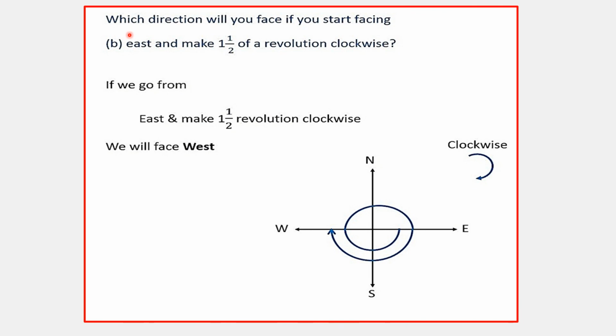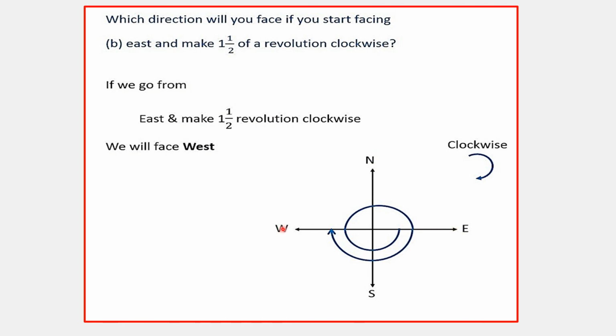One more question. Which direction will you face if you start facing east and make 1.5 revolution clockwise? So let us see this example. You are facing east right here.